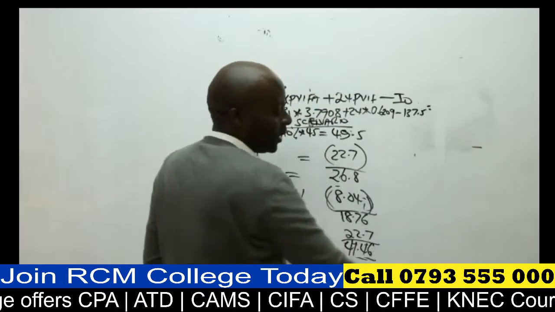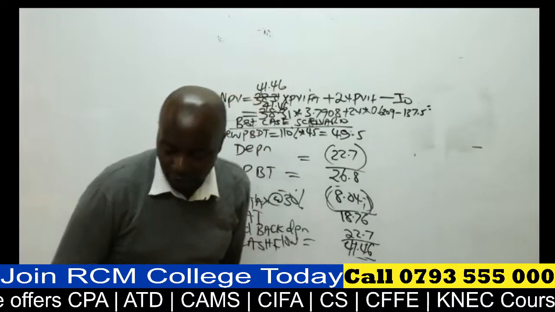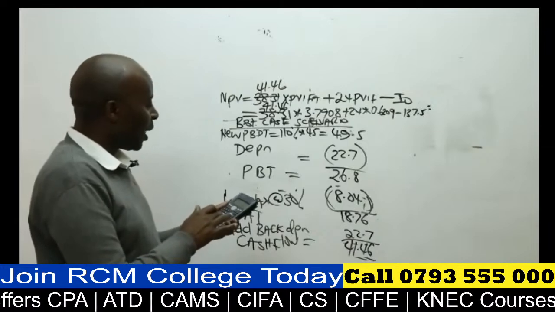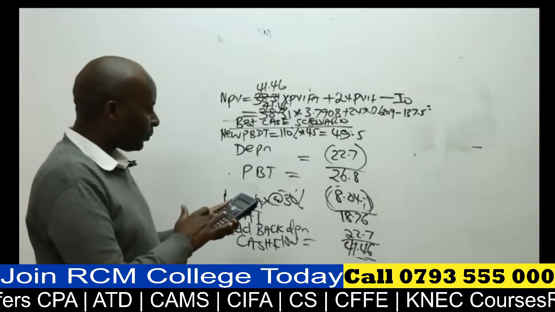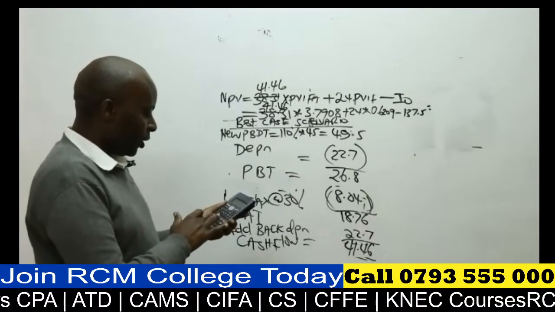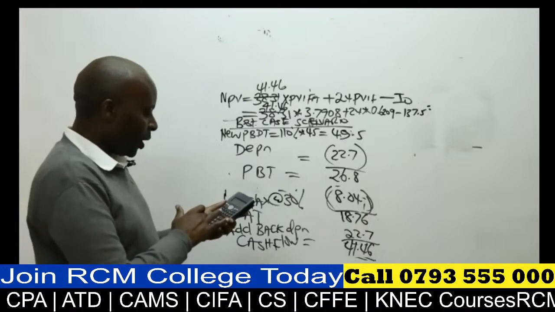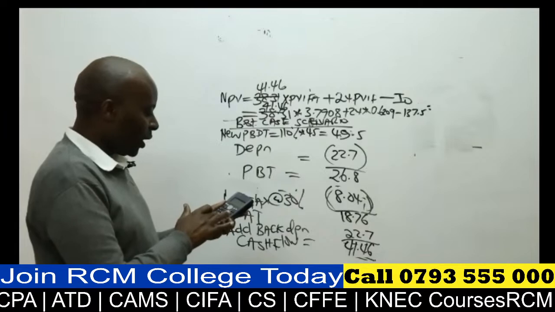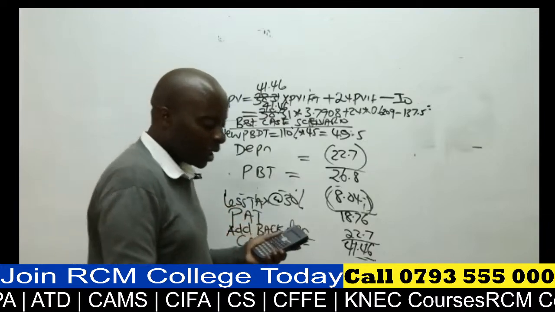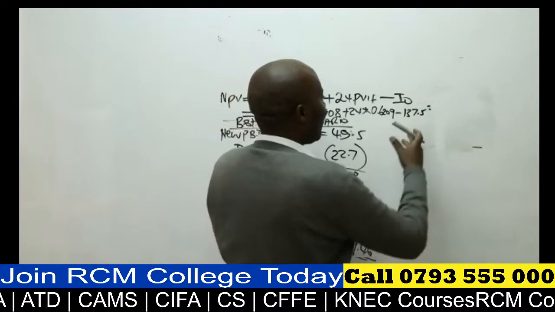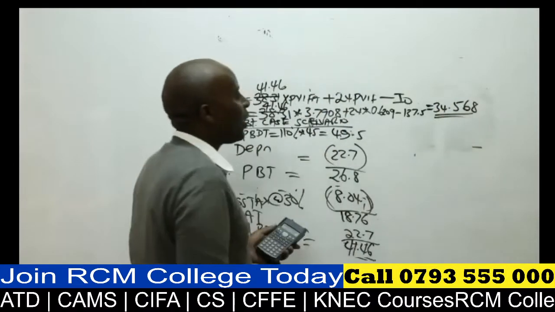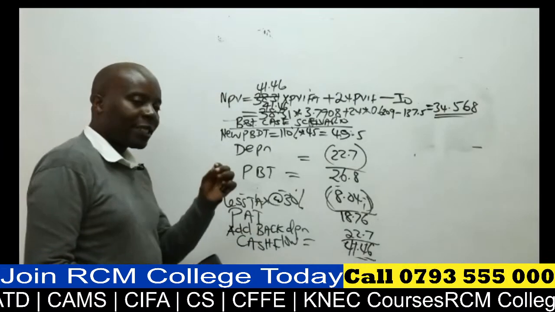At the end of the day, ladies and gentlemen, with a good calculator, this is what I will have: answer times 3.7908 plus 24 times 0.6209 minus 137.5, which gives us 34.568. 34.568 happens to be our best case net present value.